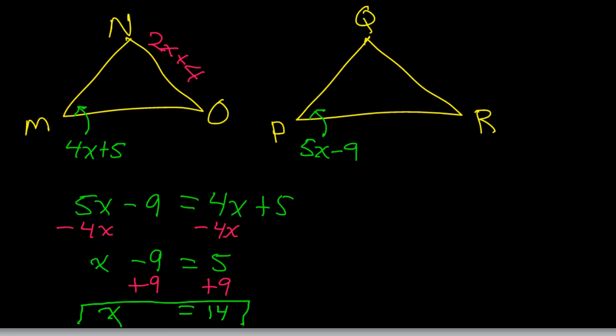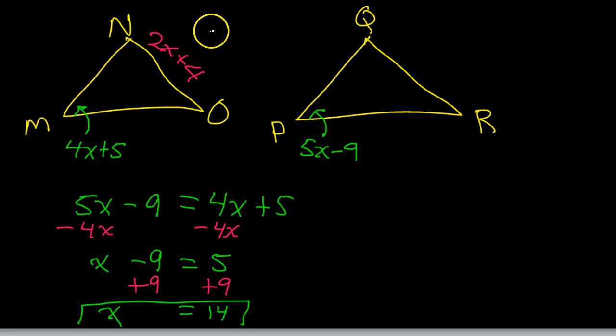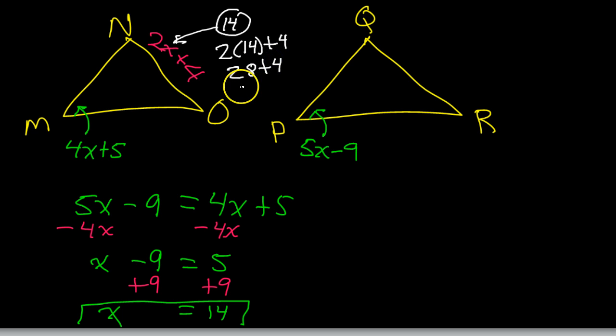Now that I know that x is equal to 14, I can substitute that in right here. All right, I could put that 14 in there. So if I do that, then this is going to become 2 times 14 plus 4. So that's 28 plus 4. So that's 32.